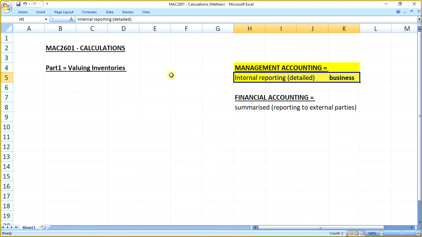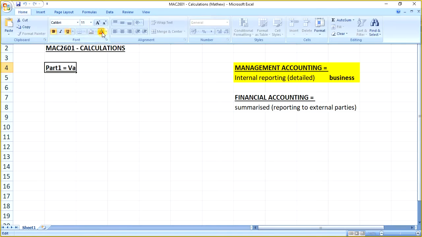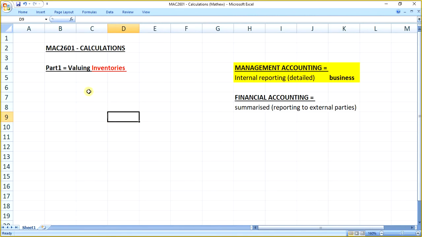Obviously the first thing that a business needs to do is value, control and keep inventory on hand. Because remember, what is inventory, if you recall your accounting? Inventory is your stock, like your products or inputs. If we're producing goods, that could be stock, but inventory could also be things like raw materials in the production process.